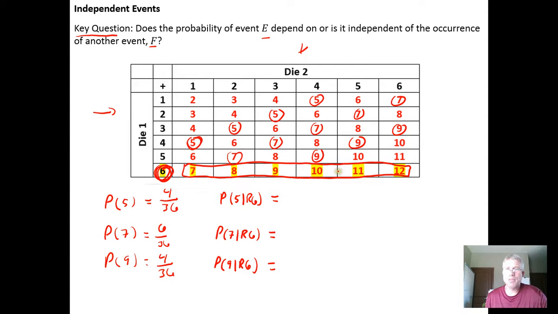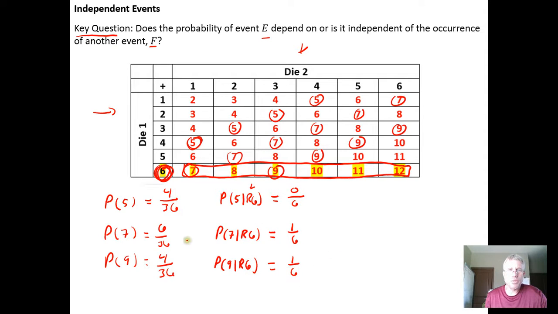We look through the possibilities given that we've rolled a 6, and we saw that there was no way to get a 5. So 0 of the 6 possibilities were a 5. We saw that 1 of the 6 possibilities was to get a 7, and 1 of the 6 possibilities was that we would get a 9 for our sum.